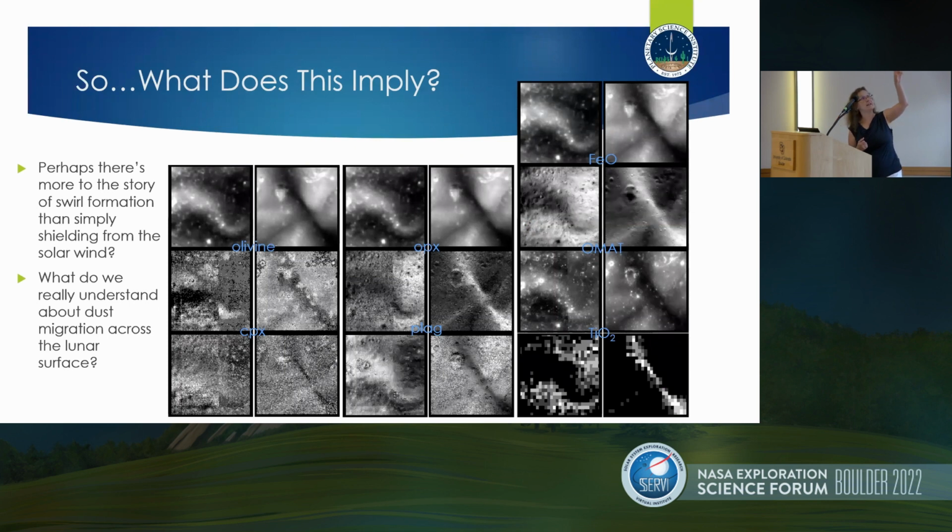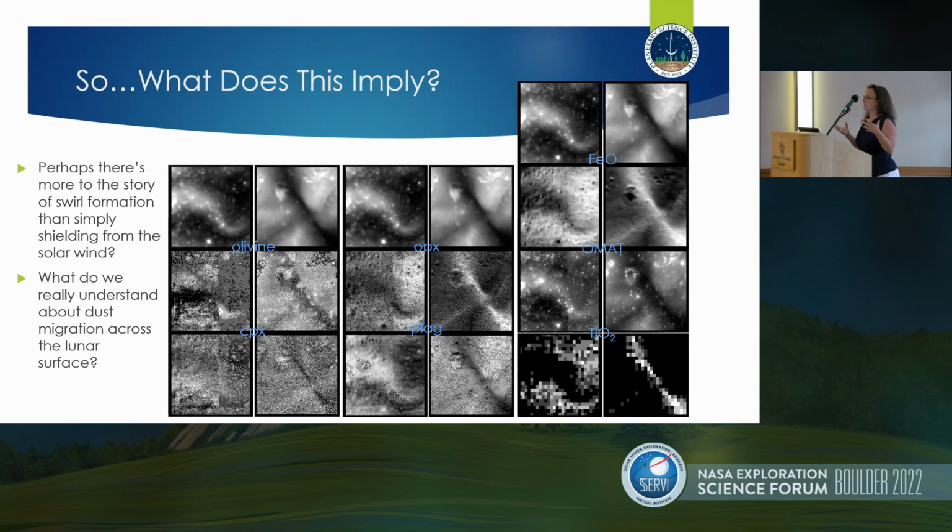Now, the top in each column is just the reflectance of the swirl. So you know what is on and off. The quantity you see mapped is at the top. So you see olivine, then clinopyroxene, then you see orthopyroxene, plagioclase, you see iron oxide, you see the OMAT parameter that measures maturity, you see the titanium oxide content.